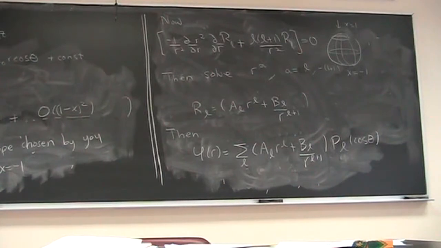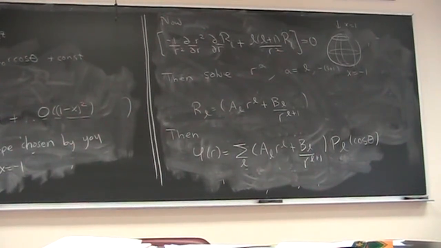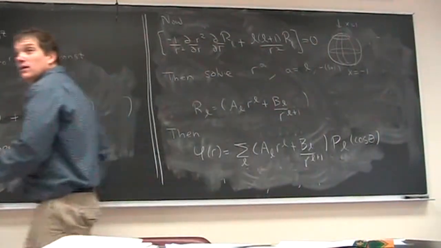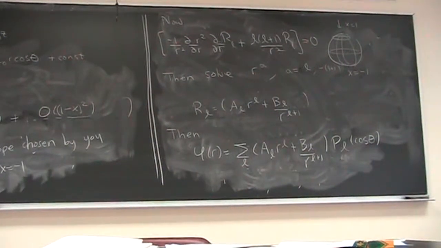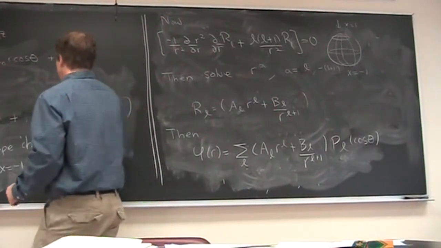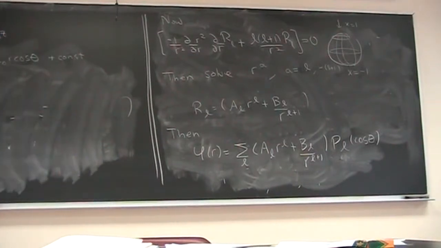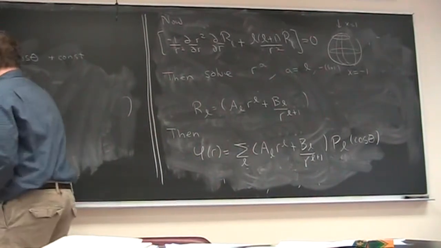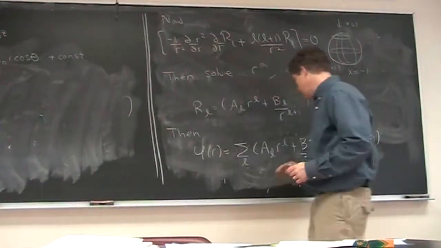So now we have this general form. That's a very general solution for any problem with azimuthal symmetry. So we only need to adjust the coefficients A and B so that you can match all the boundary data. You're guaranteed to be able to do that because the Legendre polynomials are a complete set of functions.